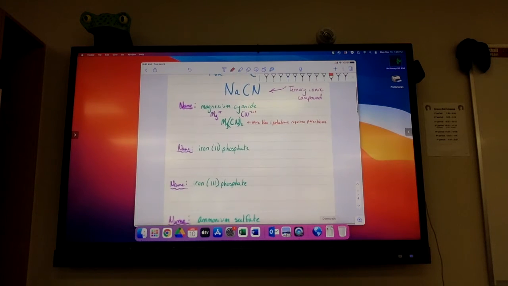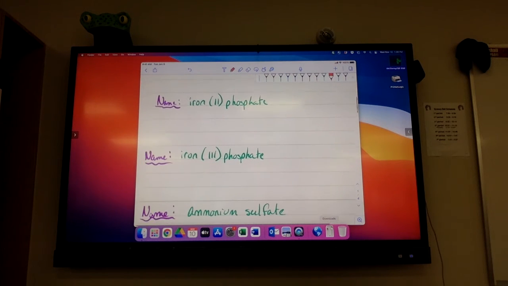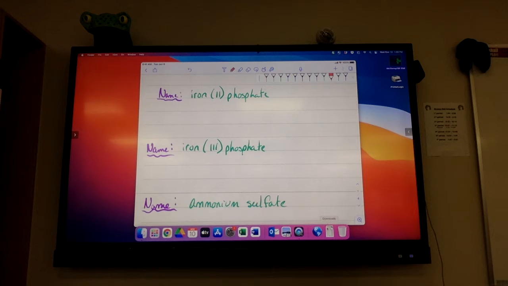All right. So iron 2 phosphate is next. Iron 2, Fe +2, yes? Because that's what that 2 means, right? Phosphate is PO4 with a negative 3.